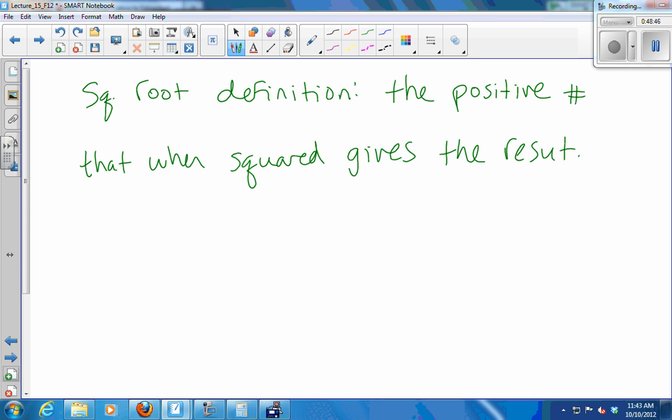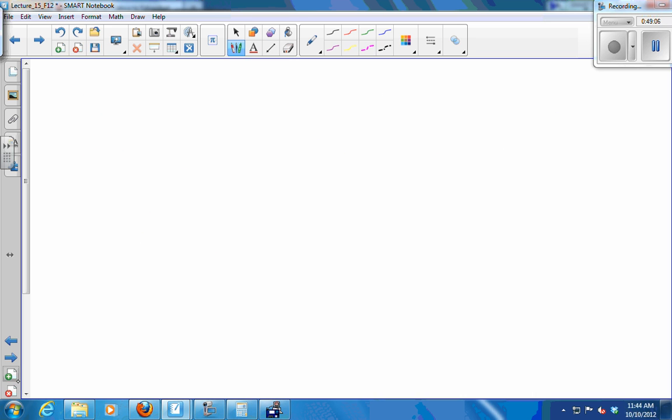So if I'm looking for the square root of 100, I'm looking for the positive number that when you square it, you get 100. So that would be positive 10. So it's actually in the definition of square root that the result is a positive number. The plus or minus only happens when we solve an equation like this.